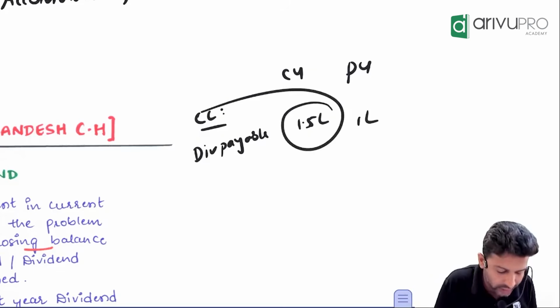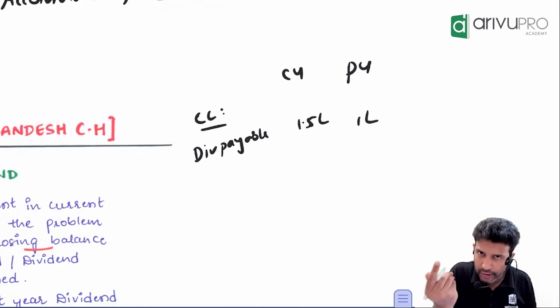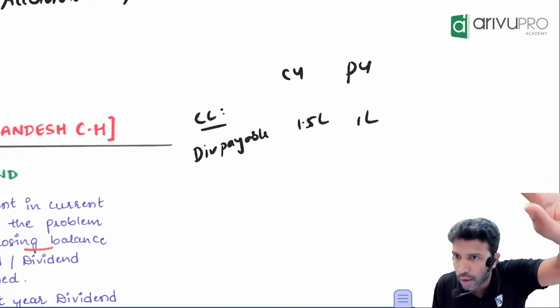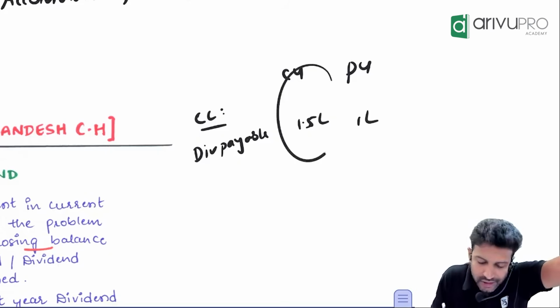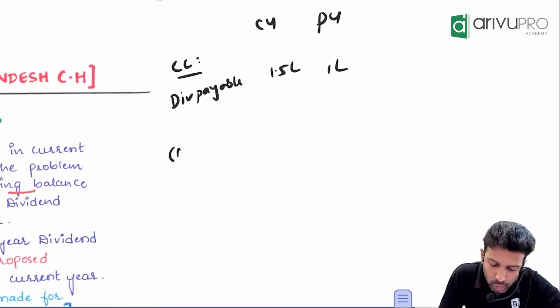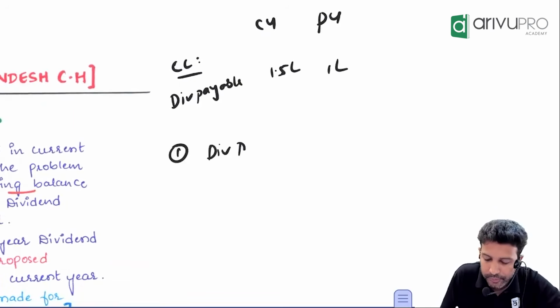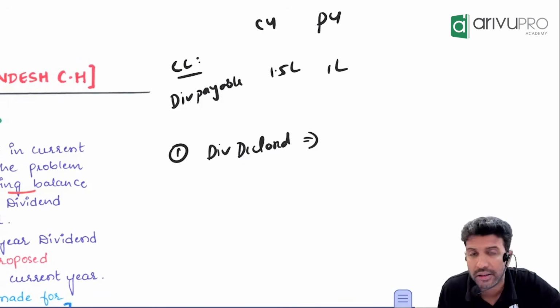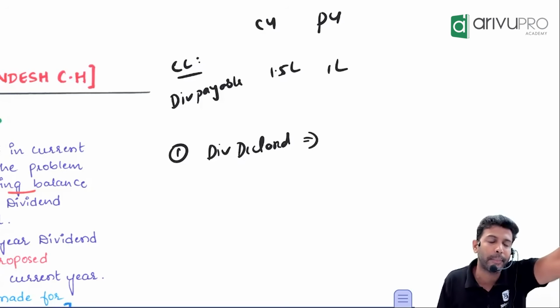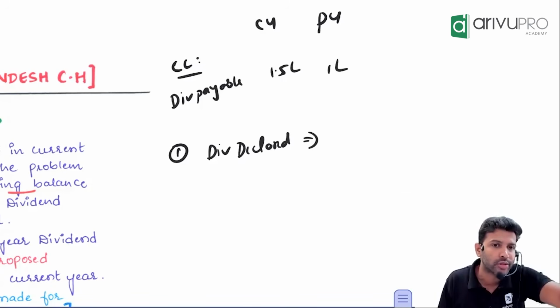And what is this 1.5 lakh? Dividend you will declare only once, or you will go on declaring? You may declare every year also. That is the company's choice, right? So what is this? Current year's dividend declared. What is the journal entry for dividend declared? Dividend you will declare out of your profits. When you declare dividend, is the P&L balance the same or will it reduce?